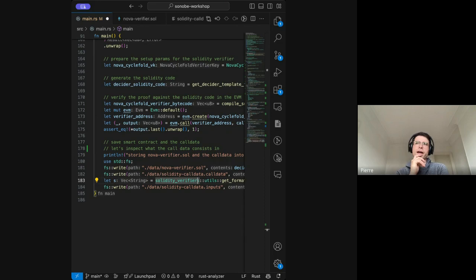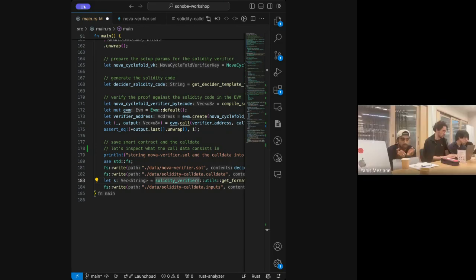But if you are able to have a final circuit that is smaller than the final decider circuit of X million constraints, then it makes sense not to go through all those steps of folding and generating this final proof. Makes sense. Yep.